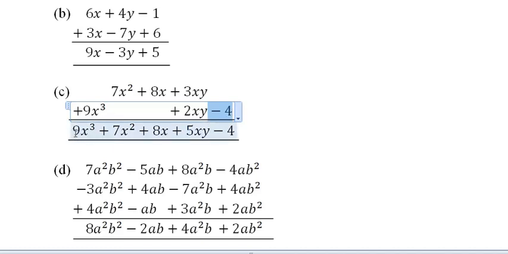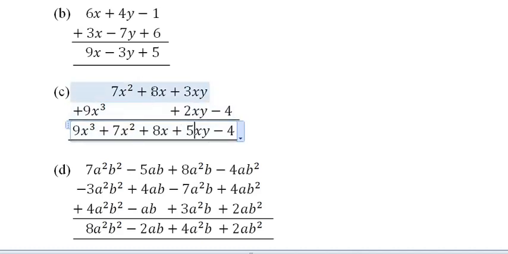So when we have to add these two polynomials, the result will be minus 4 as it is because there is nothing, so we will assume it to be 0. So 0 plus minus 4 will be minus 4 only. 3xy plus 2xy will be 5xy.